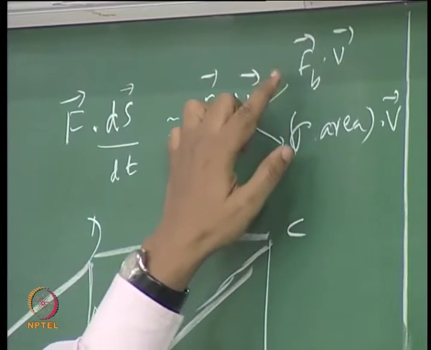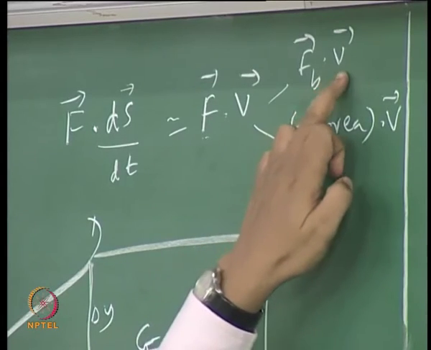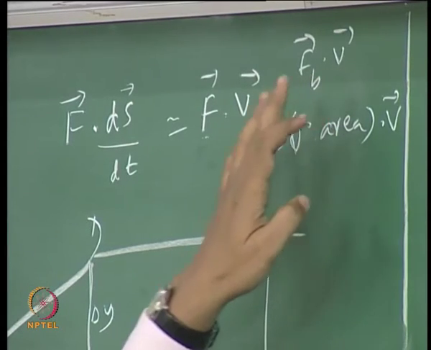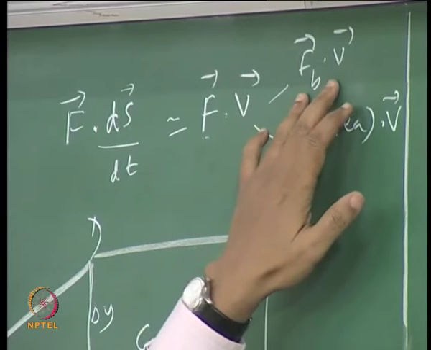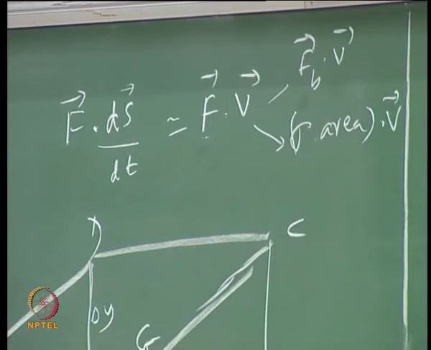Fb will have Fbx, Fby, Fbz dotted with V, that is u, v, w. So you get u times Fbx plus v times Fby plus w times Fbz.